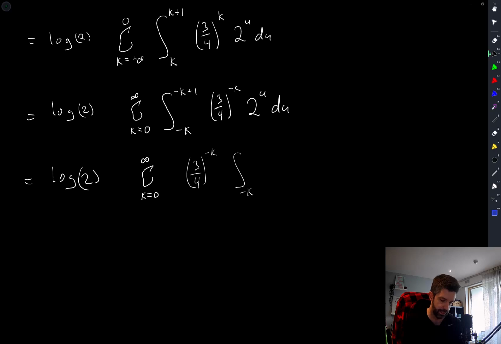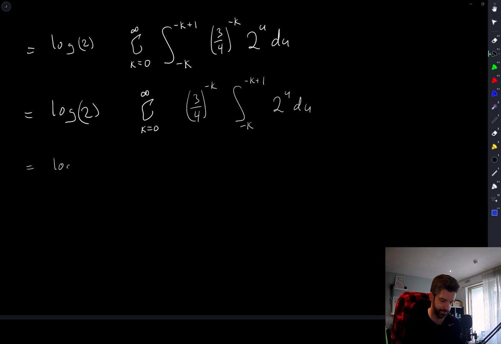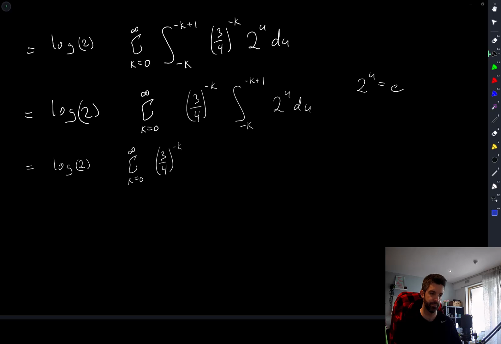So I have the integral from negative k to negative k plus 1 of 2 to the u du, with a natural log of 2 in front. 2 to the u is e to the u log 2.